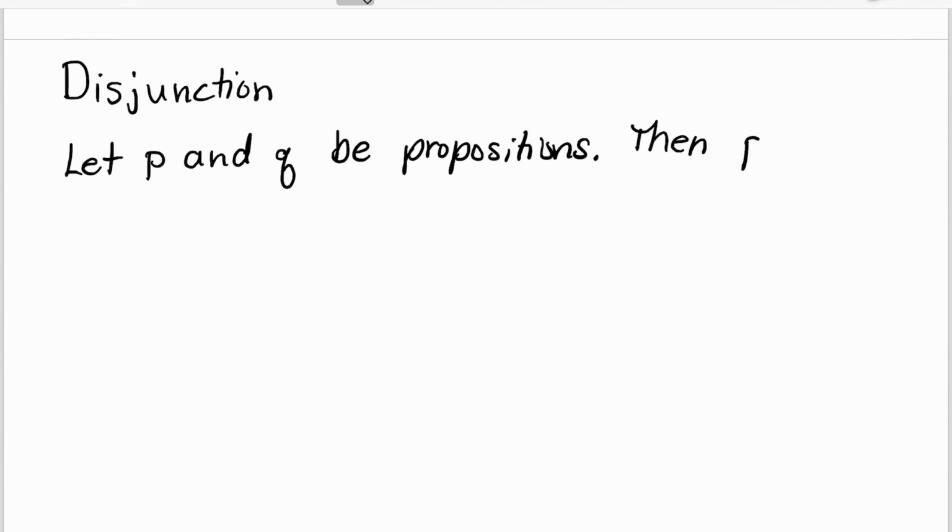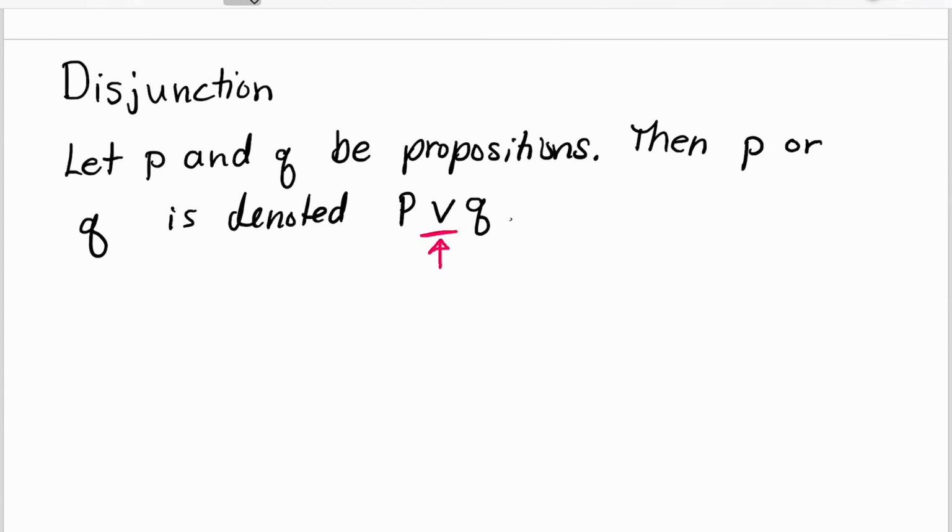Then P or Q is denoted P with a V and then a Q. And this is the disjunction of two propositions with the symbol that means or.